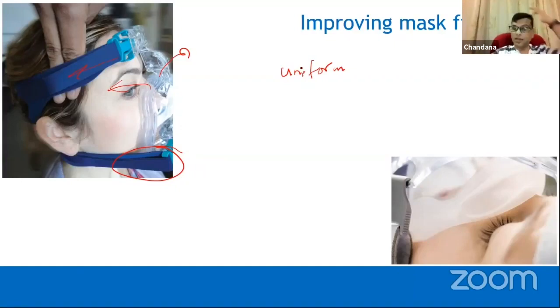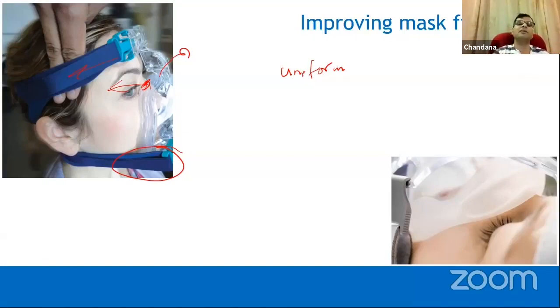If you try to tighten it too much, then you get ulceration in the nasal area and in facial areas also, and it's uncomfortable. The person will not tolerate it, and you must have experienced how it feels to wear an N95 mask for an entire day, so imagine a tight mask for many days. When the patient struggles, don't blame the patient, because it's quite uncomfortable.